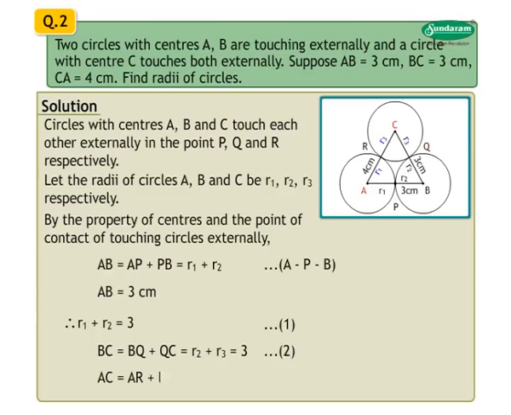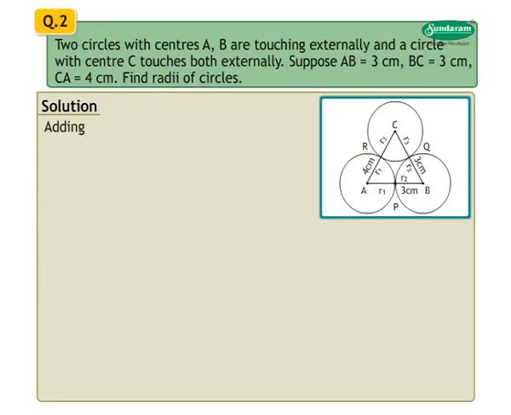AC is equal to AR plus RC is equal to R1 plus R3 is equal to 4 centimeters. Mark it as 3. Adding 1, 2 and 3, we get R1 plus R2 plus R2 plus R3 plus R1 plus R3 is equal to 3 plus 3 plus 4.